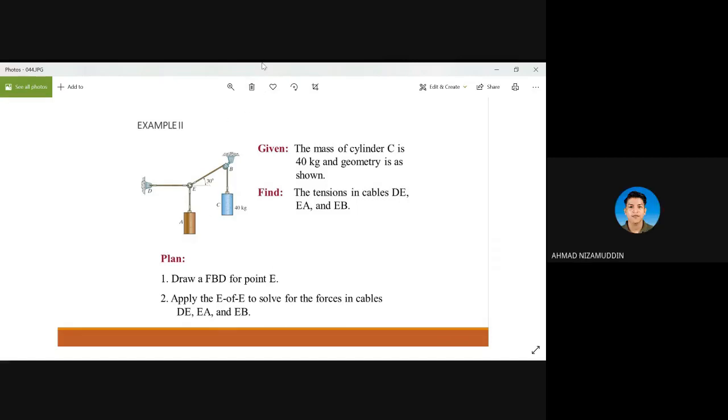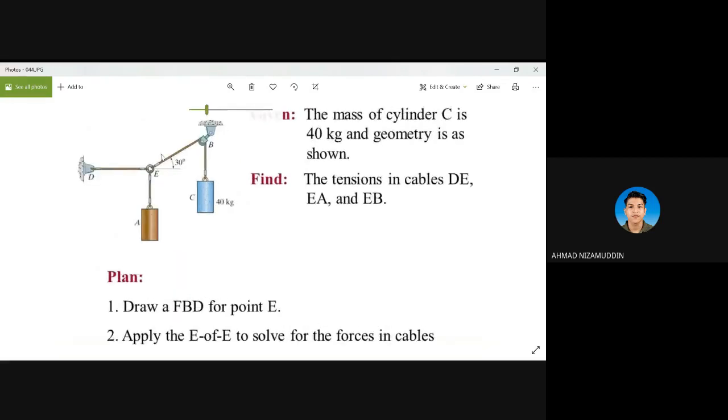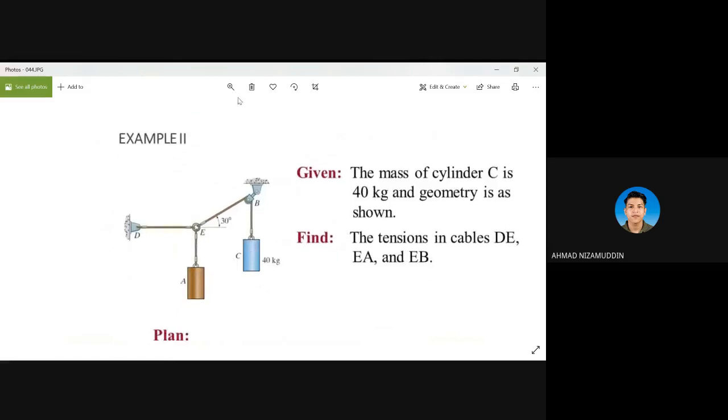Nampak. Actually, you can draw 1 FBD only. Sebenarnya satu FBD dah cukup. Tapi kalau kamu tak nampak, you can draw 2 FBD.